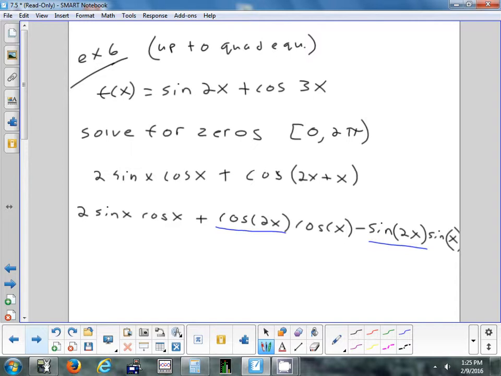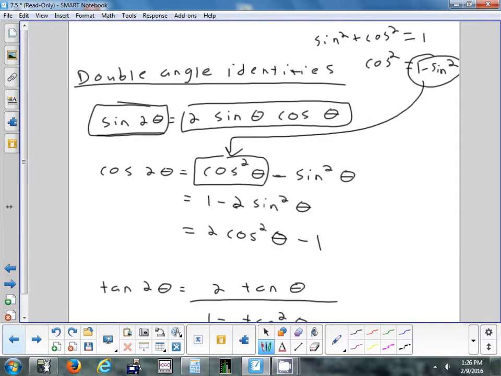All right, so just copy down the first part. That's fine. Cosine 2x, we have three ways we can deal with that. It turns out in this problem, that's going to be the best way to do it. The reason I'm picking that one, a couple reasons. One, it only has one trig function in it.